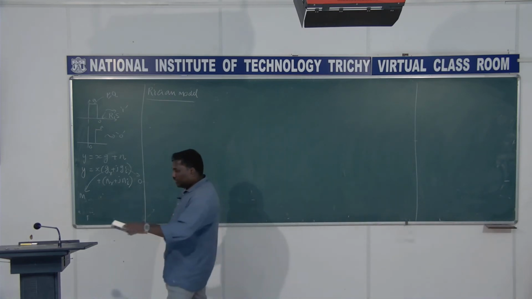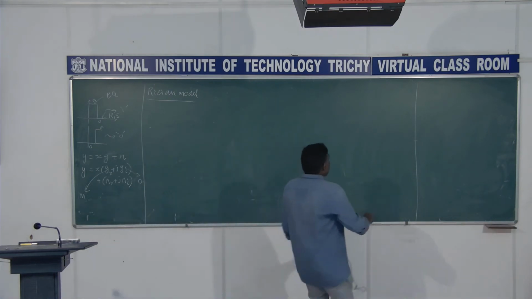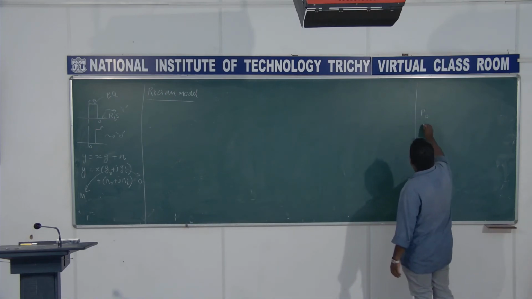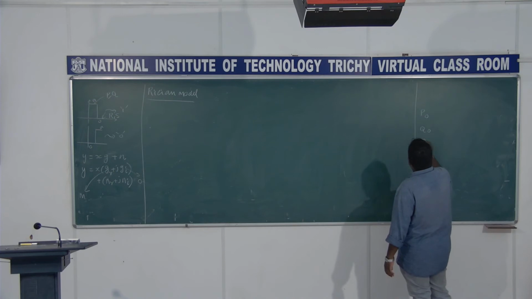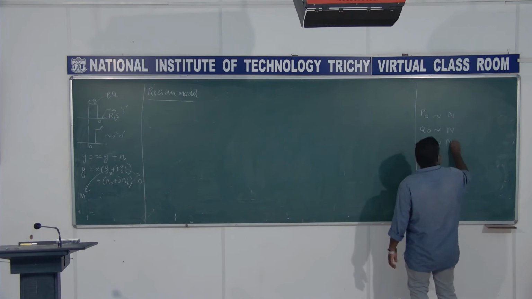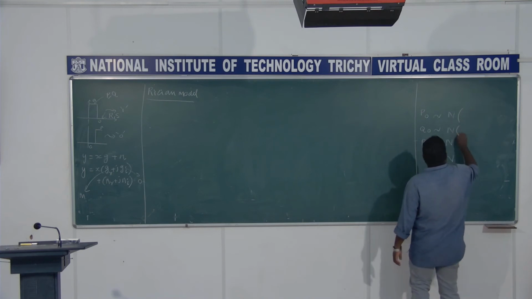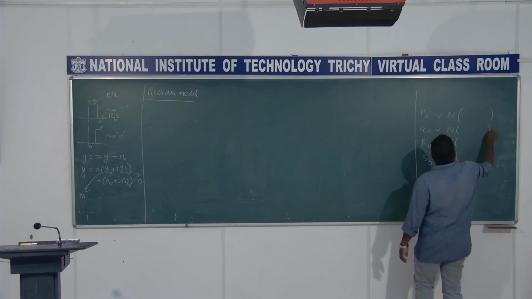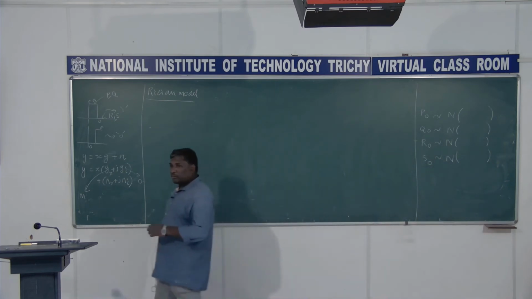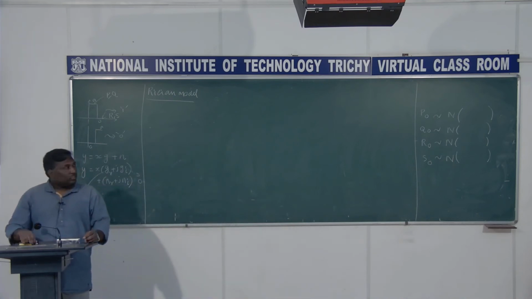So when 0 is transmitted, we get this P0, Q0, R0, and then S0 here. All are Gaussian distributed, right?